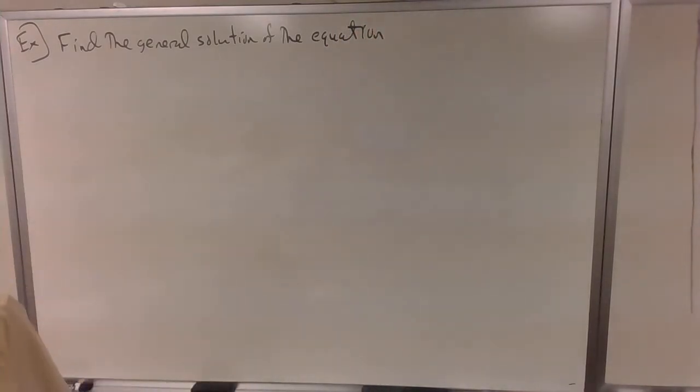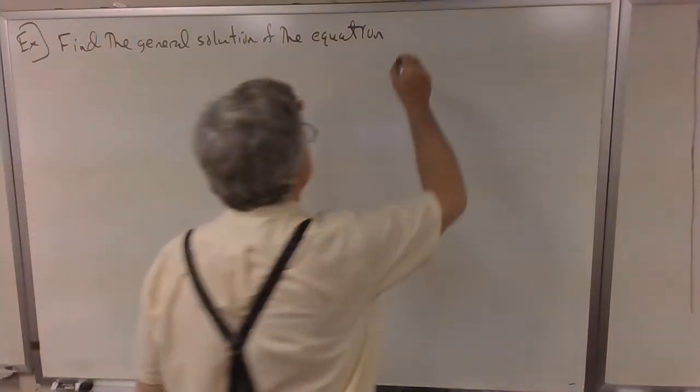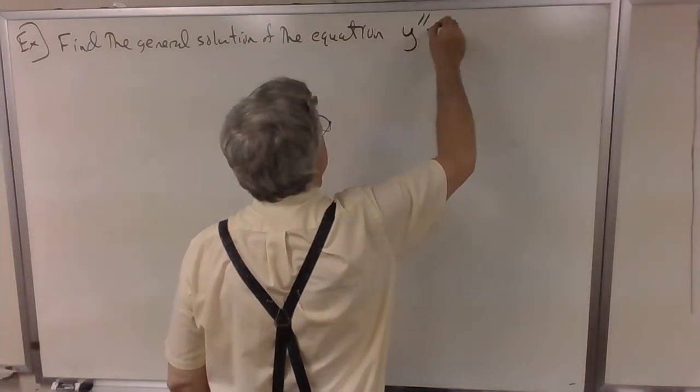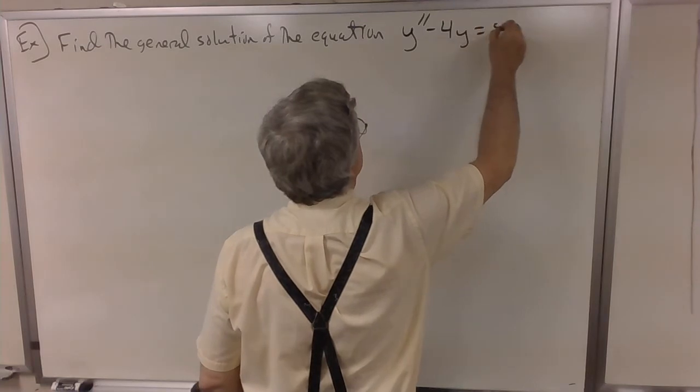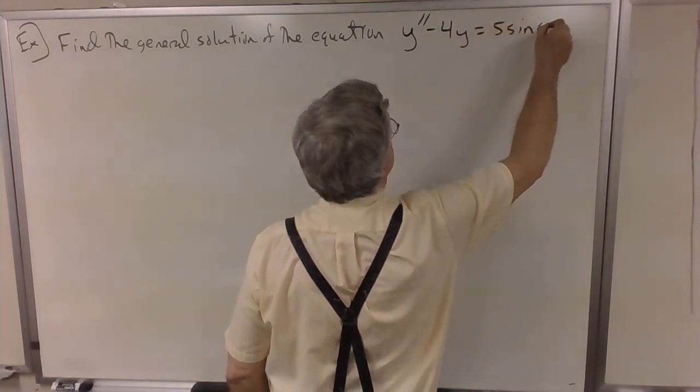Let's see, y double prime minus 4y equals 5 sine of x.